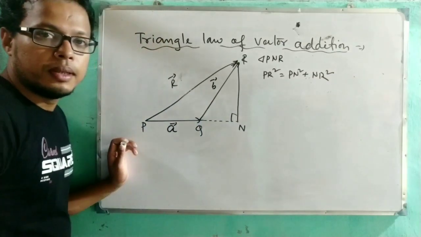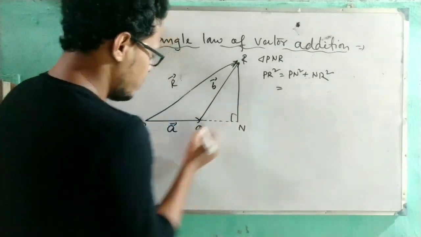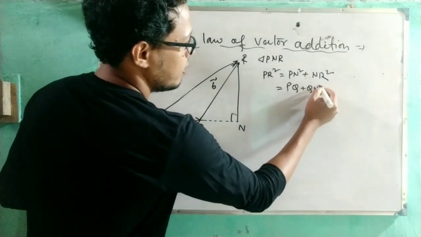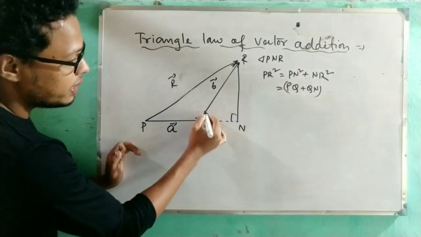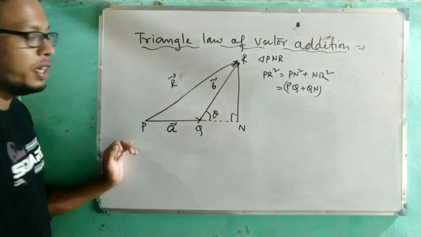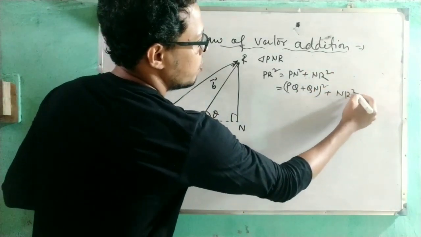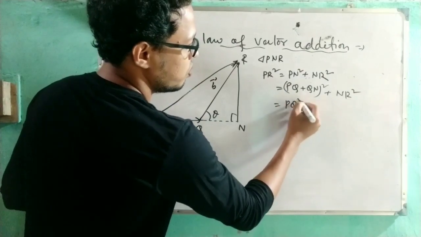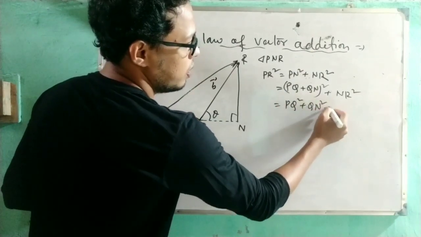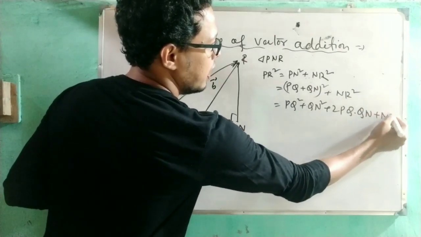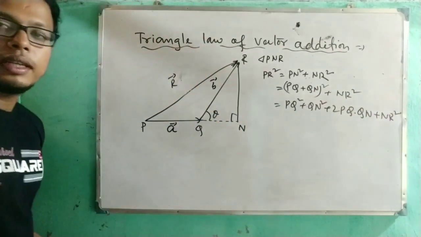Clear? Now PN we can write as PQ plus QN. Before that, we considered the angle between them to be theta. So PR square equals (PQ plus QN) whole square plus NR square, which is PQ square plus QN square plus 2 PQ into QN plus NR square. Up to this clear?